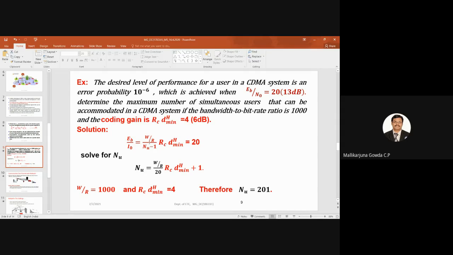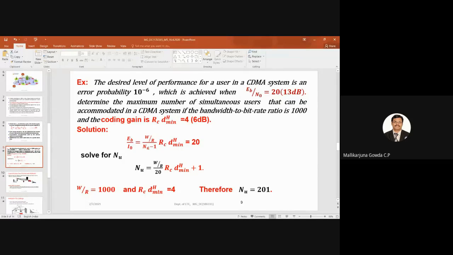Eb by I naught is equal to W by R, which is nothing but the processing gain, divided by Nu minus 1, into the coding gain Rc into d minimum power h. He has given the value of Eb by I naught, or Eb by N naught, which is equal to 20. So I need to solve this expression for Nu.